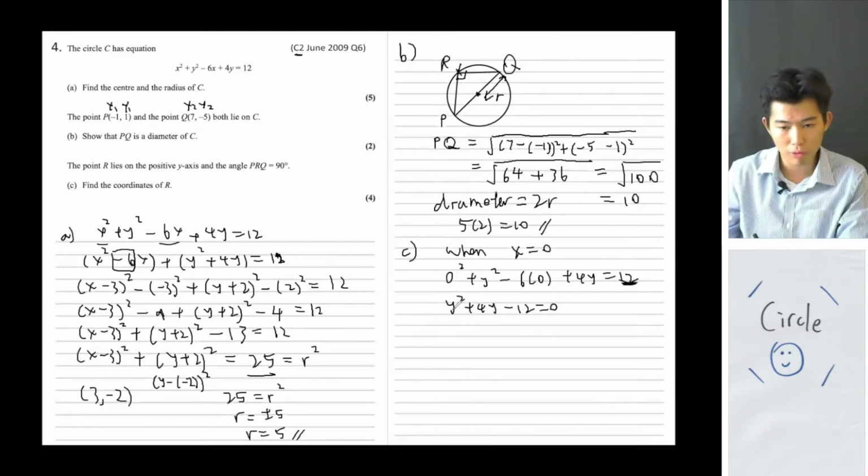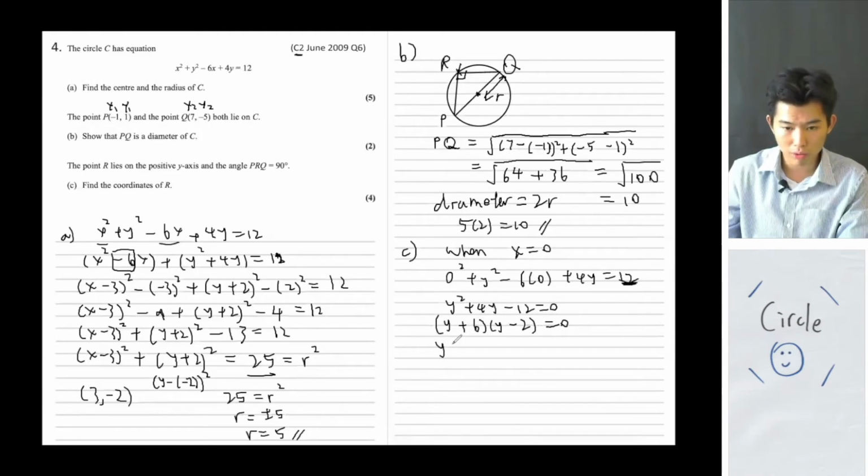From there, we will have to find the critical values of y first, which would be (y plus 6)(y minus 2) equals 0, because y times negative 2 will be minus 2y, plus 6y will be 4y, and 6 times negative 2 would be negative 12.